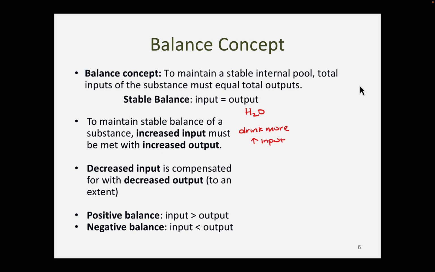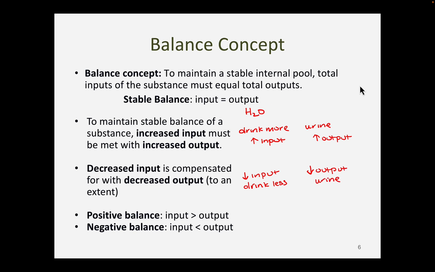To maintain balance, I have to output more, which means I have to produce more urine. In the same fashion, if I decrease my input, so let's say I drink less, I will also decrease my output or make less urine to compensate.